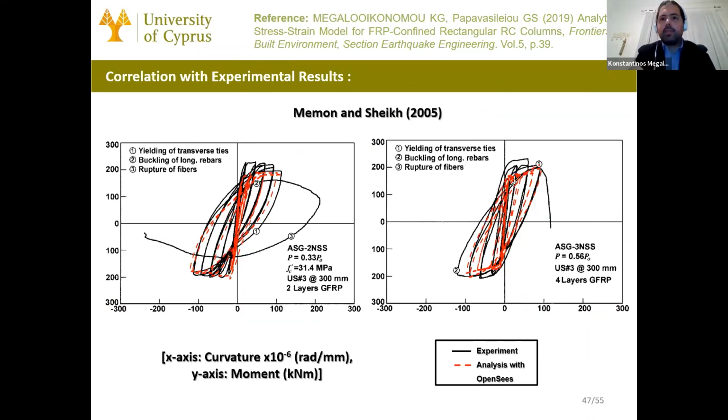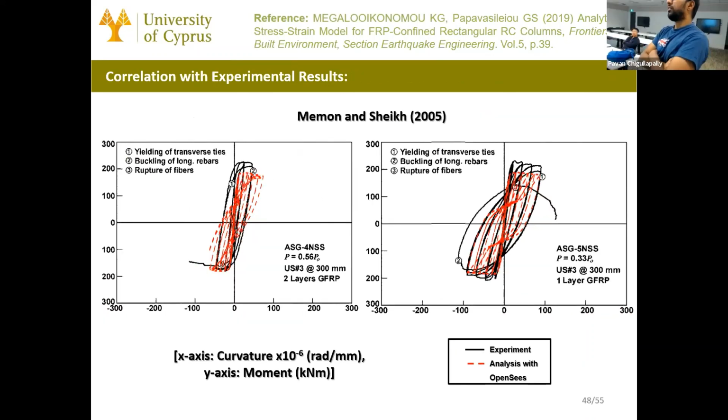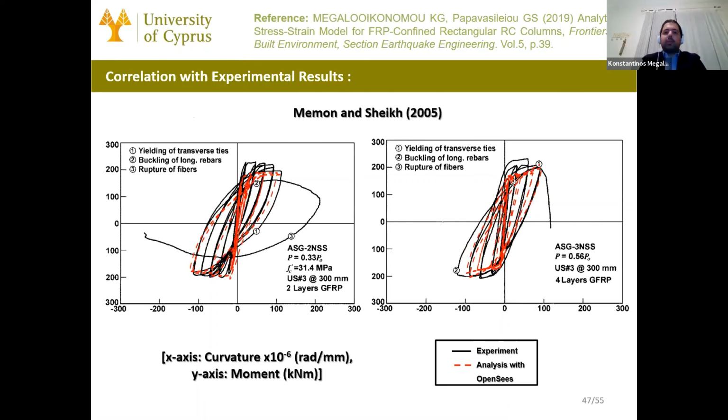Can you go to the back one also? Here the results in the south direction look fine, but at the front loading in the first quadrant, they do not match.